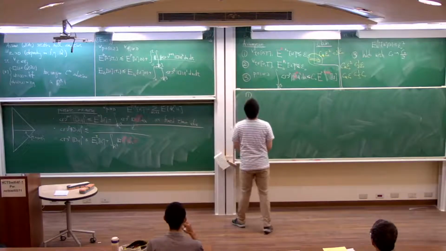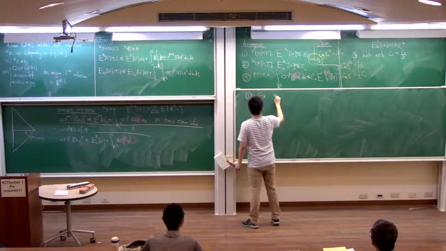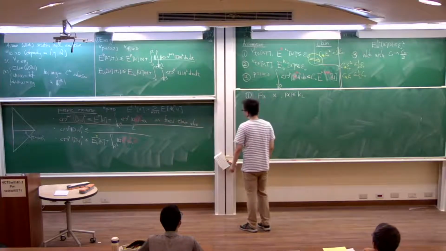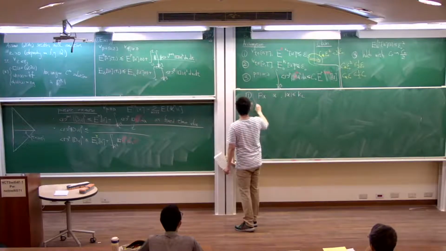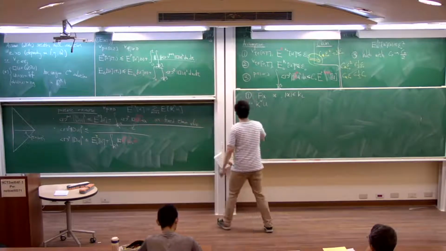Well, fix a multi-index alpha. Take V to be K alpha U. Then apply the energy estimate to V.